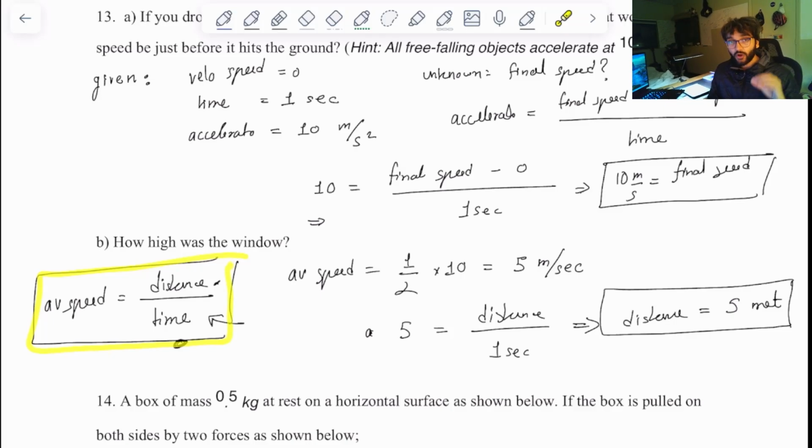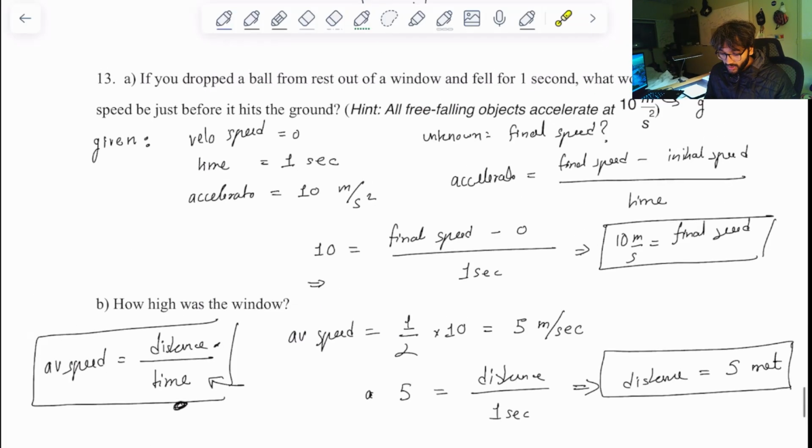So it tests you on these two formulas. It also tests you on this, where you can tell that the final speed that you have found, if you multiply that by half, you get the average speed. Once you do that calculation, you have to use this formula again by plugging in the value that you get for average speed, so that you can calculate the distance to be equal to 5 meters.